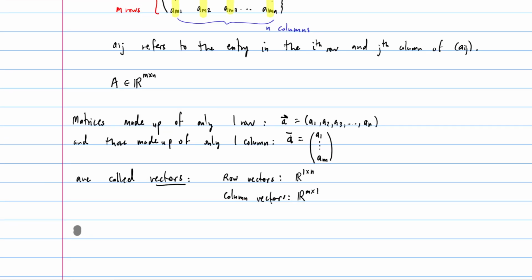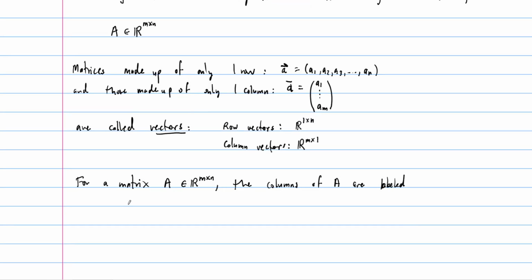Again, we're just gathering some notation here. For a matrix A in R^(m by n), the columns of A are labeled A1, A2, all the way up to An.